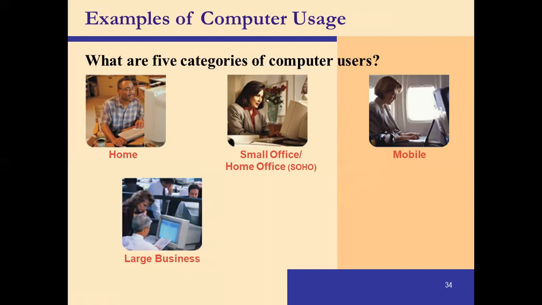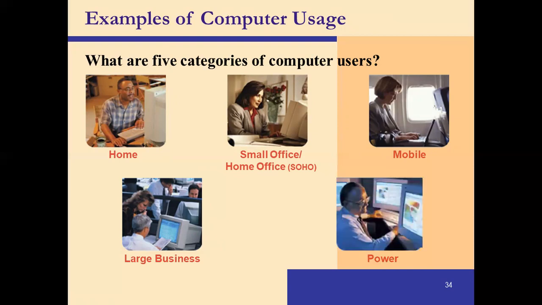The next user is large business users. Big organizations have many employees, and they have a network system created by their developers so that they can perform whatever their business is about. So these are the large businesses right now using computers.